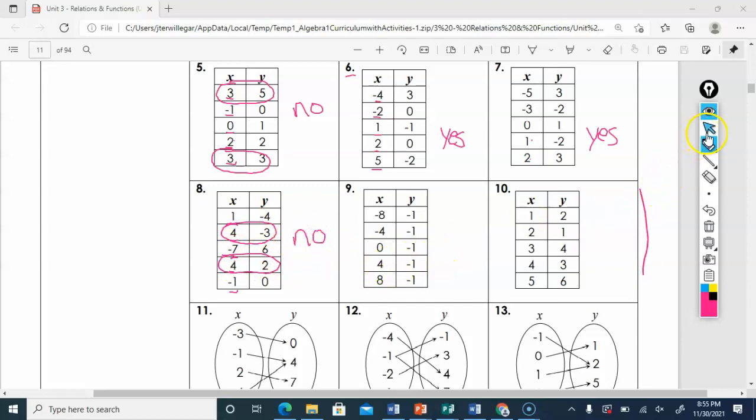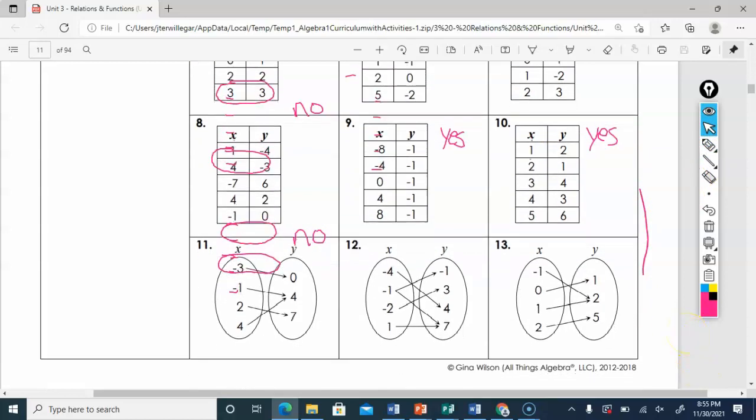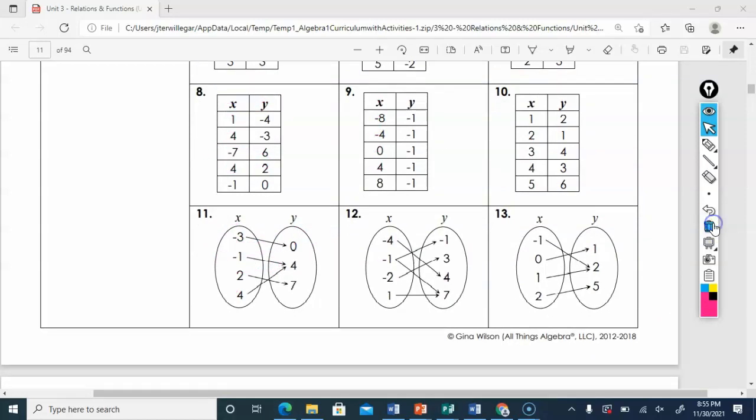Okay. So look at your x's and make sure it's one x to one y. Now let's take a look at this one. But Mr. Twilliger, what do I do when I have pictures like this? Well, we're going to do the same thing. We're going to make sure every x only has one arrow from it, because that means that -3 can only go to 0.